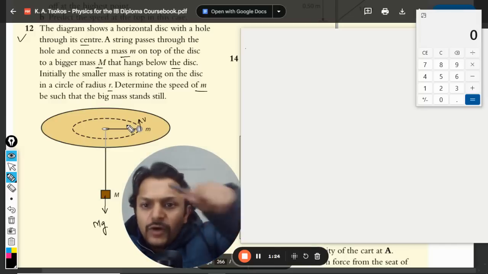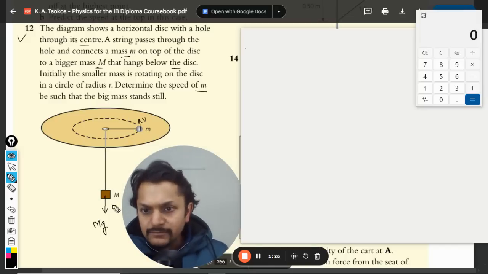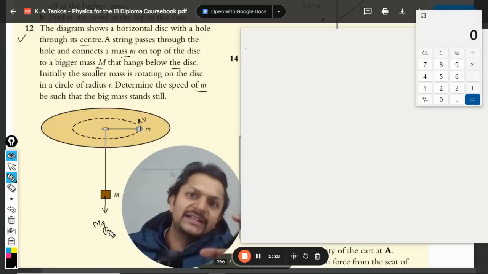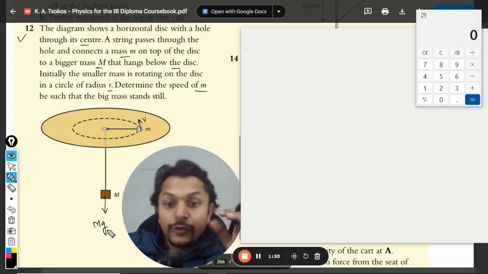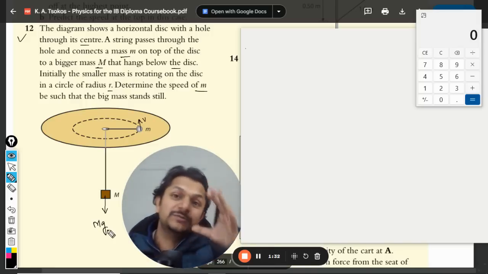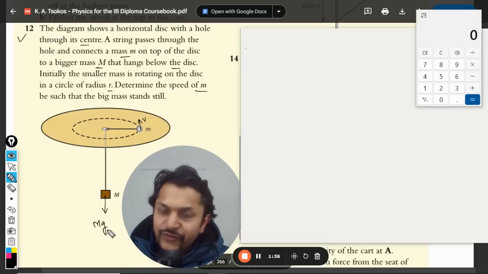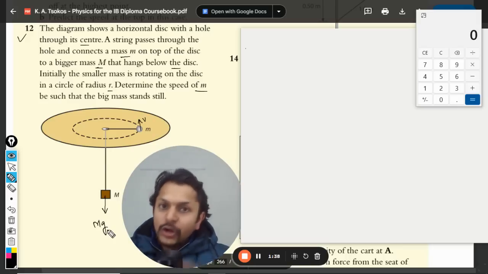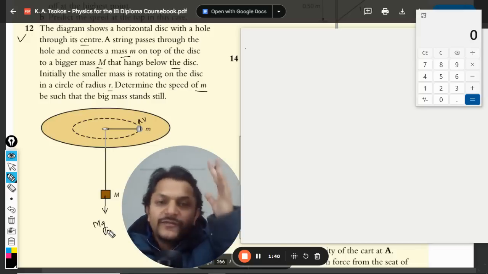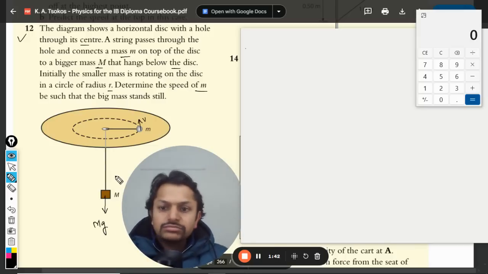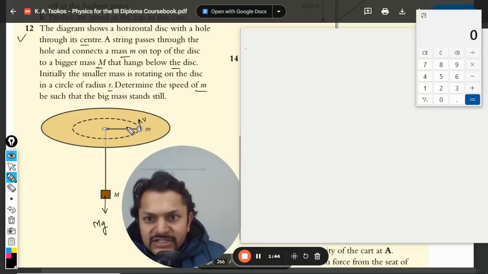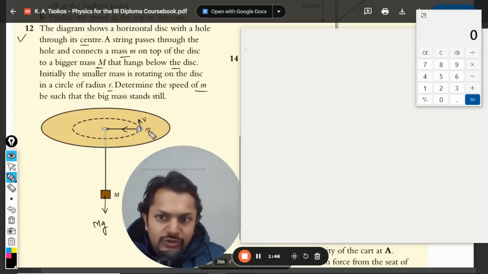When it is revolving around the center, this force is balanced now. Now the question is, which force is balancing it? You are not considering centrifugal force because that is not given in IB. Centripetal force is given. So Mg is going down.